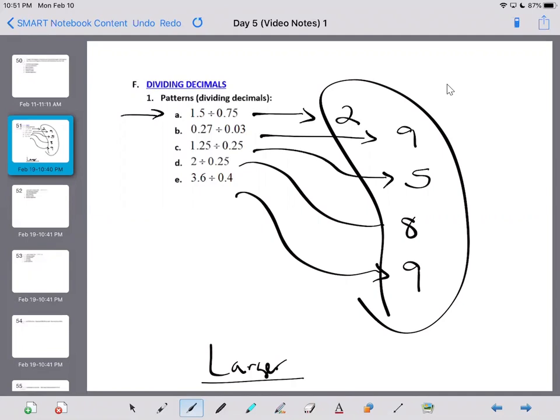Very similar to the idea with dividing fractions. So when you're dividing the decimals, notice that if you turn this around, like on part E, you're just thinking, well, 4/10 multiplied by something is going to be 3 6/10. Well, that something is 9. Well, 9, which is a whole number, multiplied by something smaller, we ended up with something smaller. But when we look at the division, we're going to see that we actually get something that's a little larger when we're doing division with decimals.